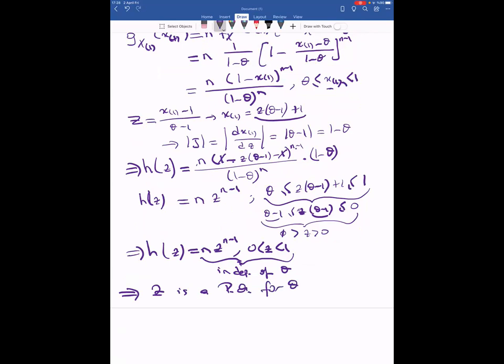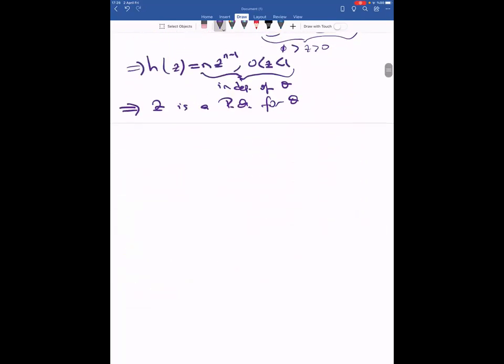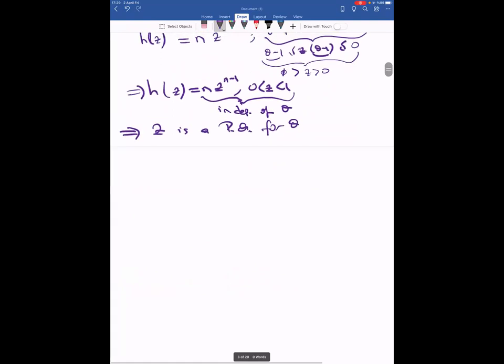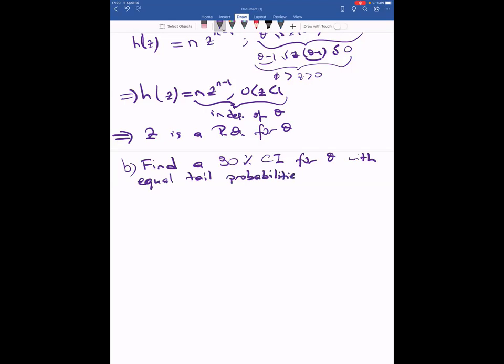So let's look at part B. Part B says: find a 90% confidence interval for θ with equal tail probabilities. Equal tail probabilities.